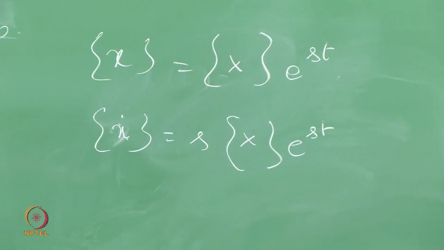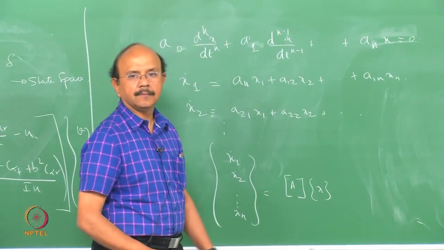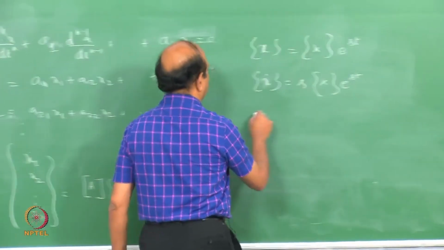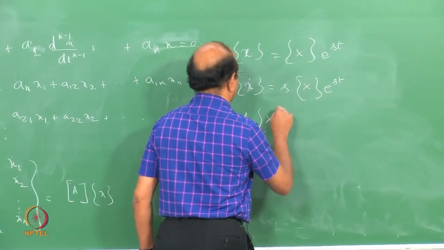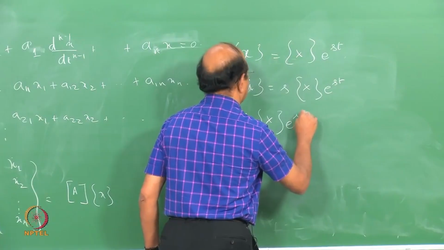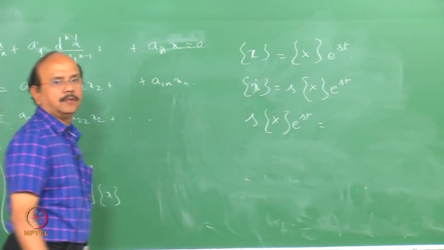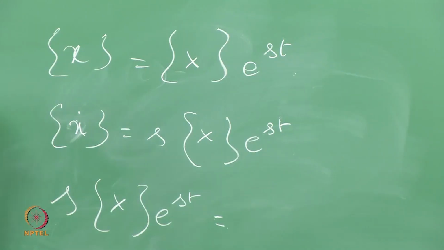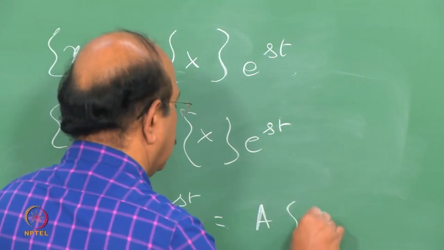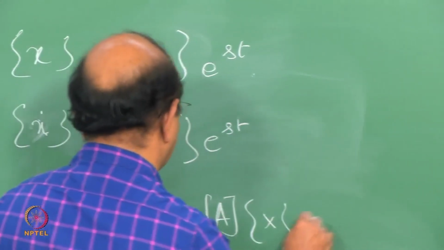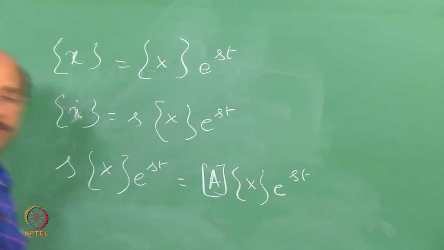Substitute that into this expression. x dot is equal to Ax, so sX e^(st) is equal to A X e^(st).